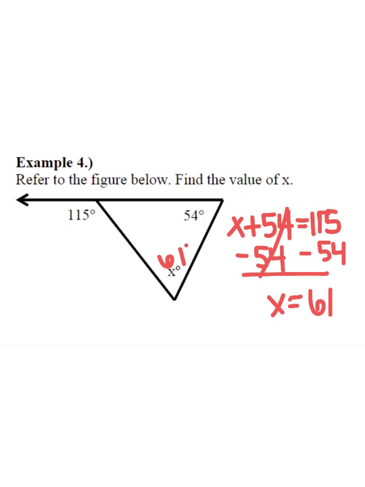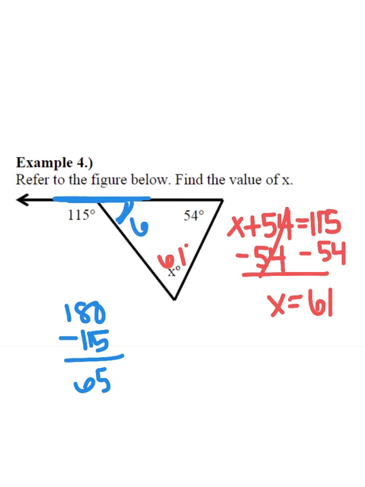Or you can take these two angles here, make a linear pair, so take 180 minus 115, and that'll give you this angle here. So 180 minus 115 is 65, so this angle here is 65, and then the three angles in a triangle add up to equal 180.